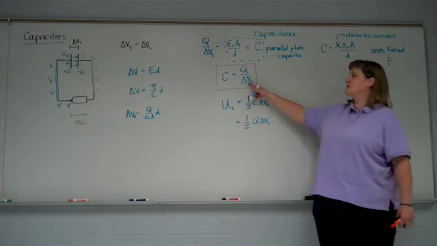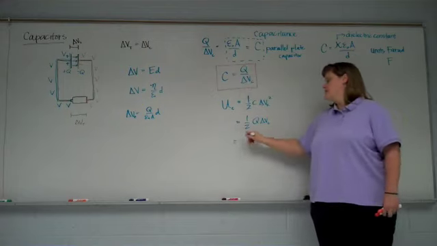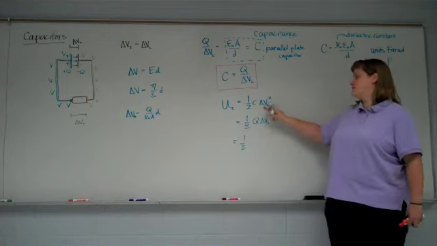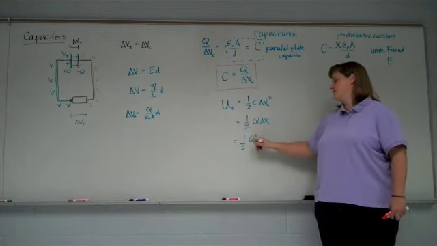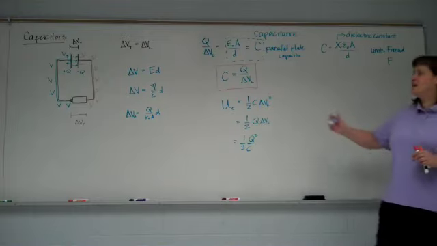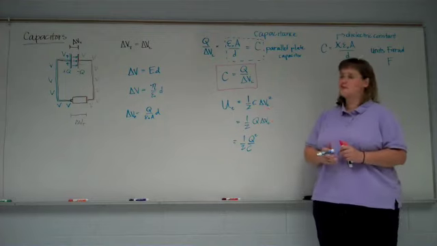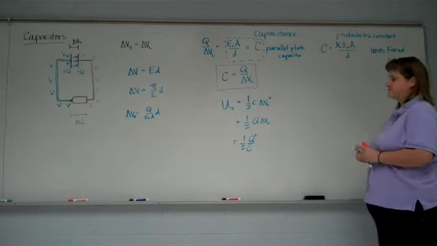In place of delta V, if we solve this for delta V, it would be Q over C. If we put Q over C in here, we get Q squared over C. So basically, if you know any 2 out of the 3 terms, you can find the energy. It doesn't matter which 2 terms you have.